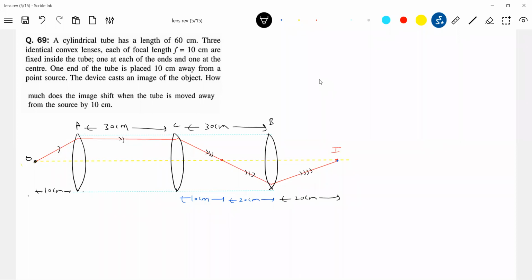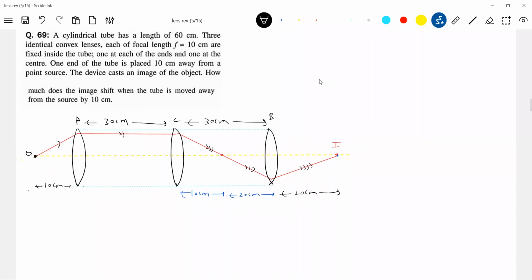What will happen to the image? So now object distance, how much will it become? For the first lens it will be 20 centimeter. So it will form an image exactly at the midpoint, at 20 centimeter here. I'll take the same setup.